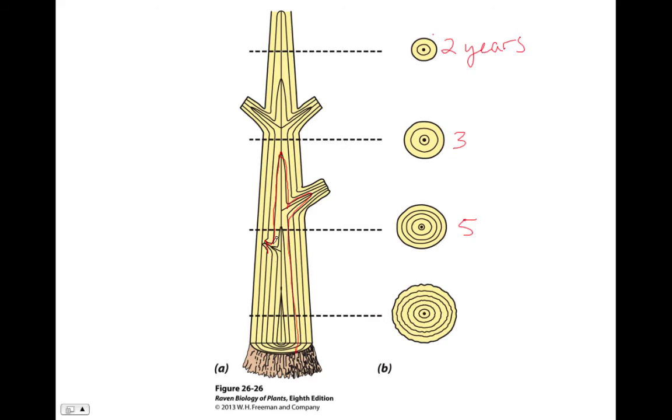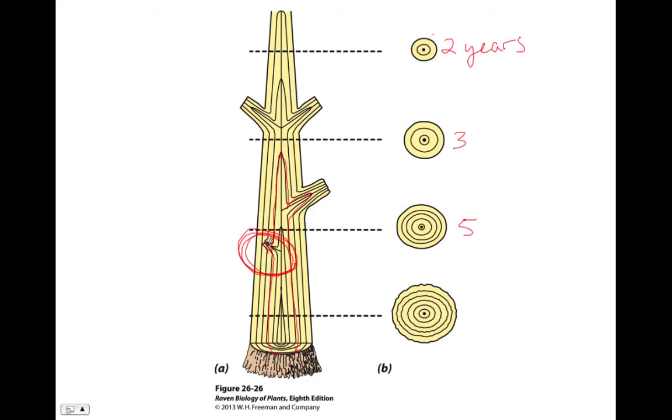So inside this tree, you can basically see the ghost of previous years' form of the tree. Now I'd like to call your attention to this structure right here, because what we have here is a branch that existed when this tree was just a couple years old, and yet that branch does not appear at the current time.